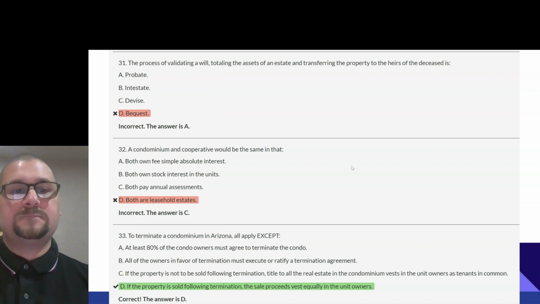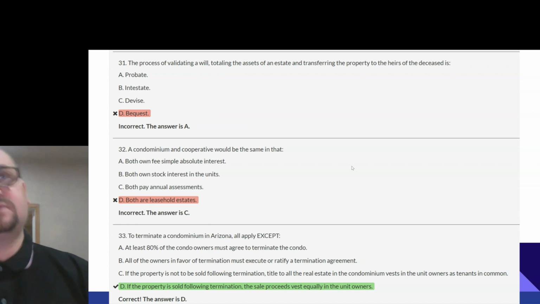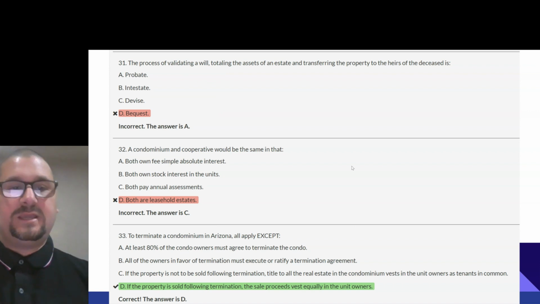To terminate a condominium in Arizona, all apply except what? The answer is delta: if the property is sold following termination, the sale proceeds vest equally in the unit owners. No, right? What do we know about condominiums? Unequal interest in the properties. At least 80% of the condo owners must agree to terminate the condo.